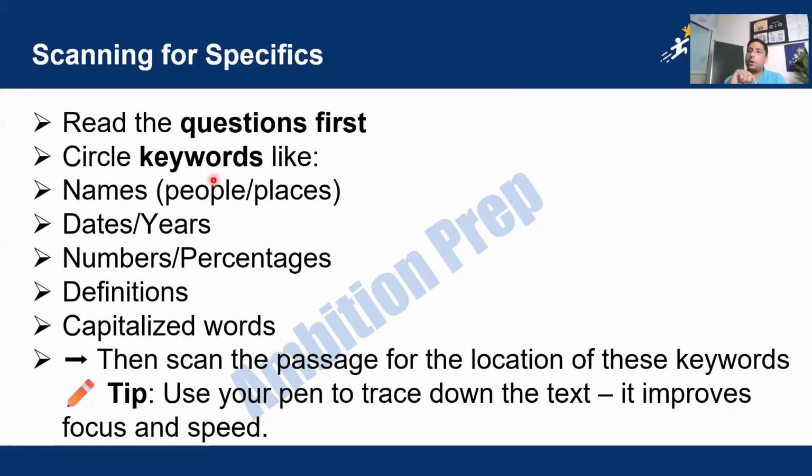Sometimes you need to focus on capitalized words, or the sentence that contains a capitalized word that may contain some crucial information. So whenever you do scanning, scan the passage for the location of these keywords.